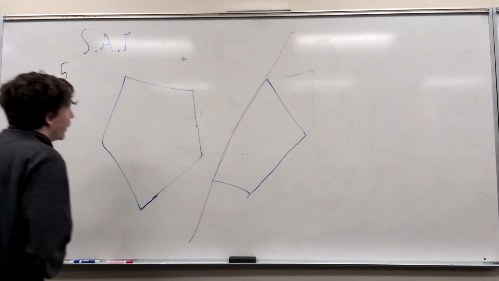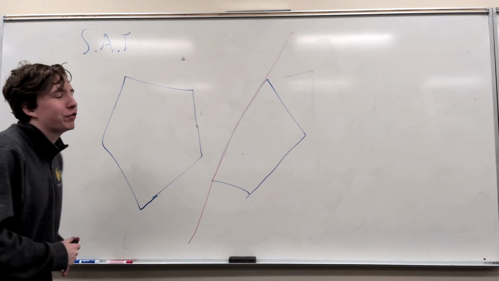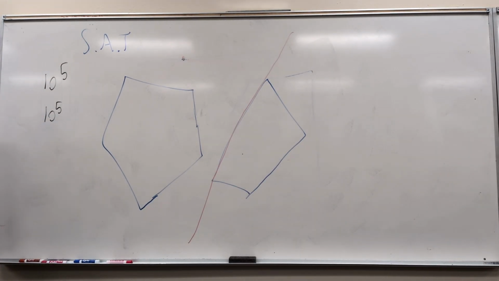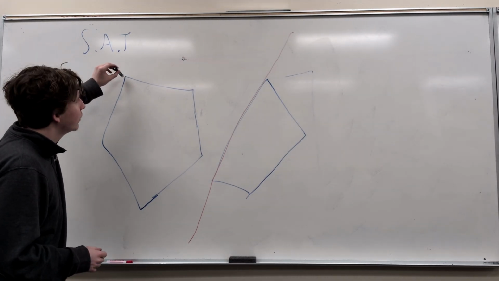And so what this means is that if we wanted to have a fairly easy to implement way of checking convex polygon intersection, I might have messed up the equality case when I said this.